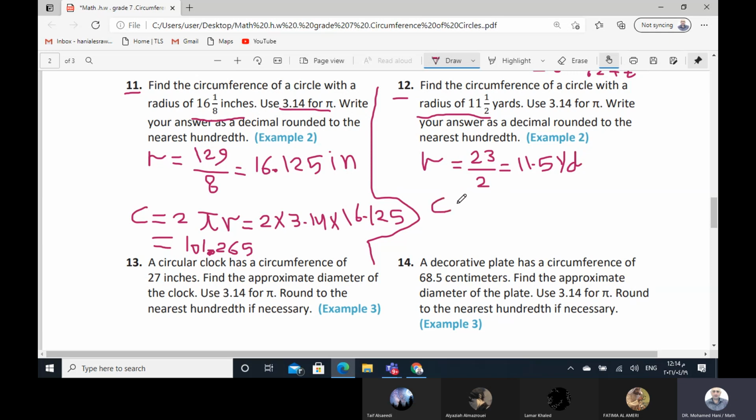So circumference equals 2 times pi times r, the value of pi will be 3.14, so times 3.14, times the r, which will be 11.5.